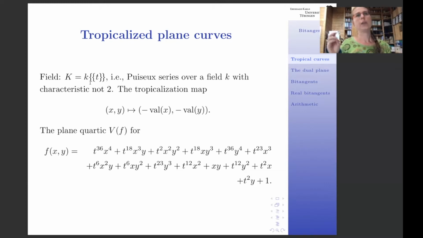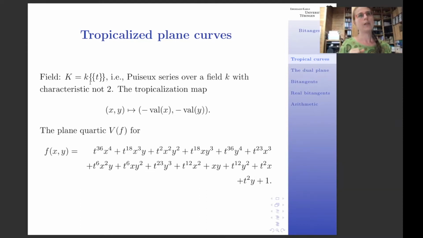And for one Puiseux series, I need those rational exponents to have a common denominator in order for the multiplication to be well defined, but that's a technical detail. Very roughly, just think of series whose exponents are allowed to be rational numbers.